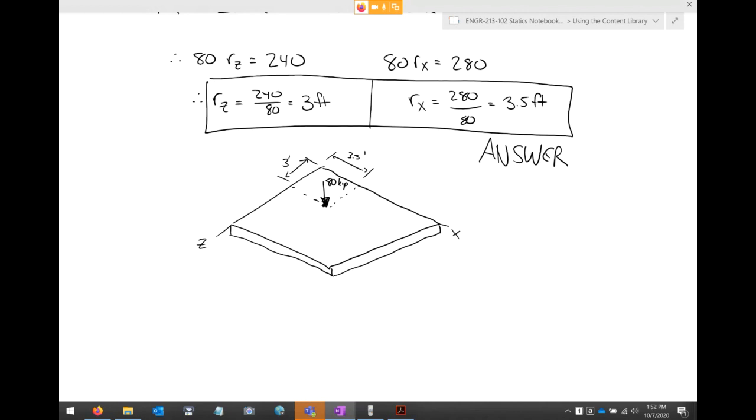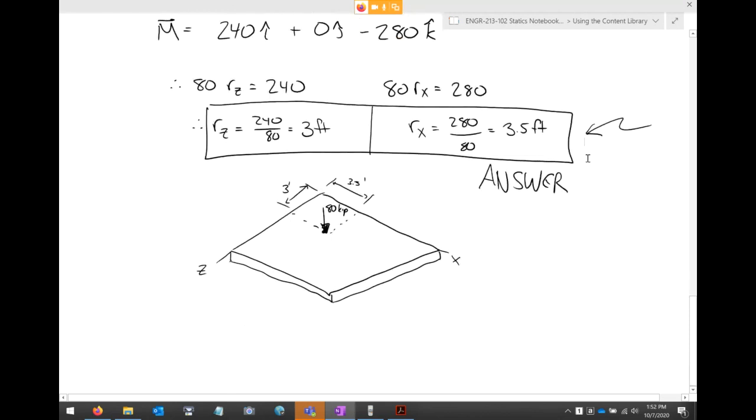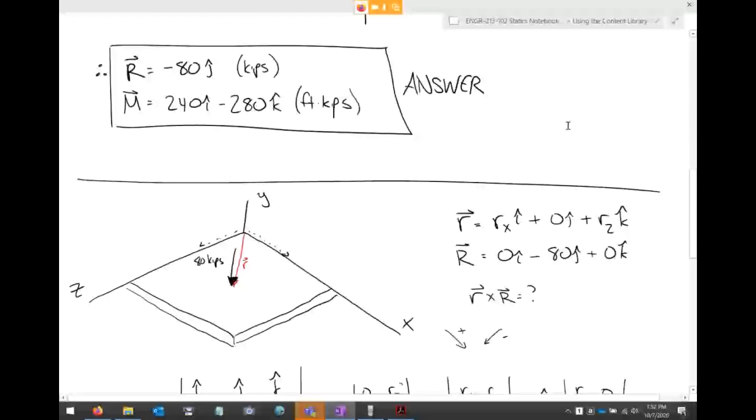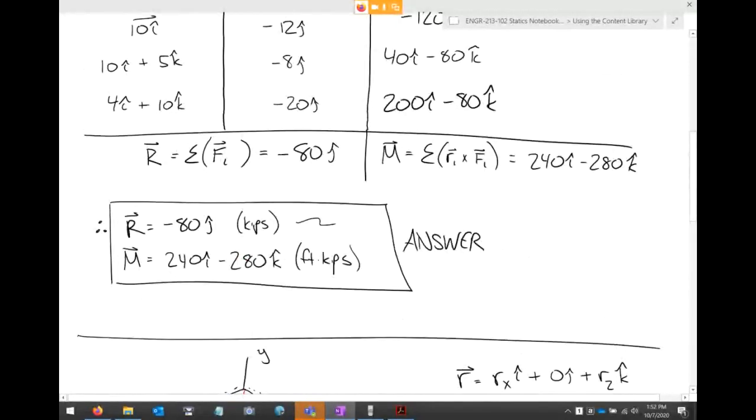What did finding the R mean conceptually for this part of the example? Which are you talking about, like this part right here or something else? The 80 kips, you're talking about this one.